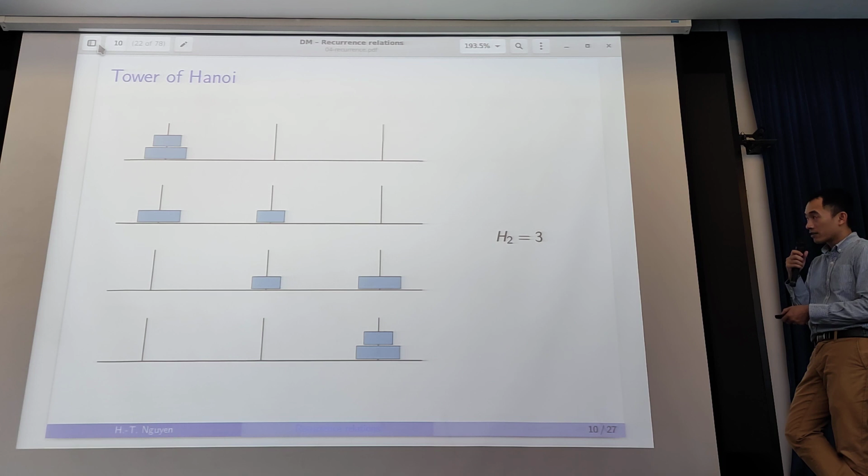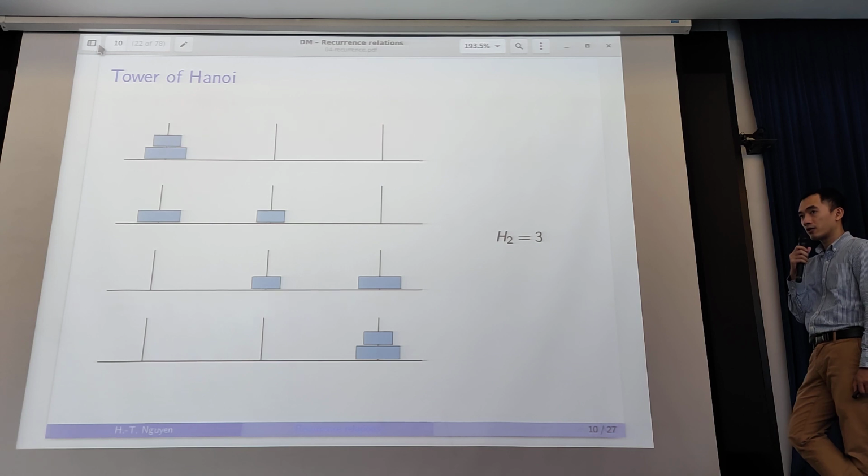Because if this larger disc is blocked by something on top of it, then it cannot move. And now it is free, so you can move it here, and then only at this point you can move the smaller disc on top of it. And so you need 1, 2, and 3 moves for 2 discs.